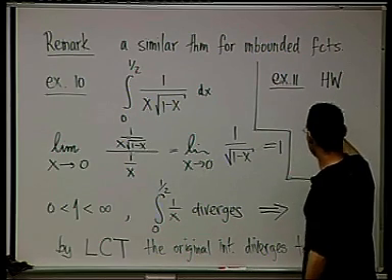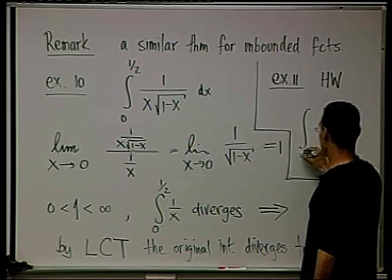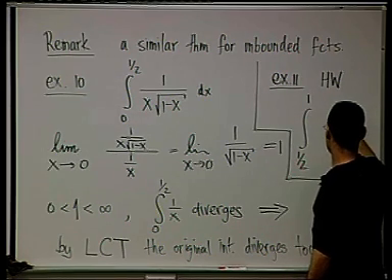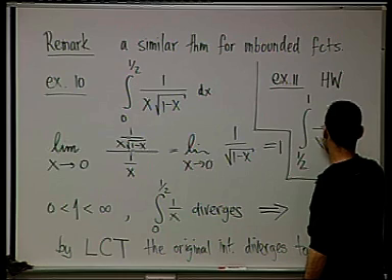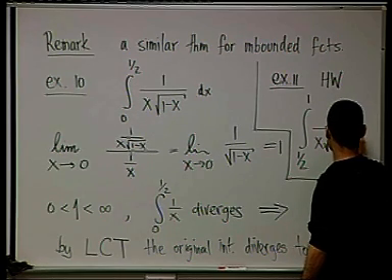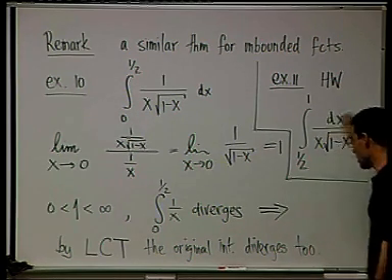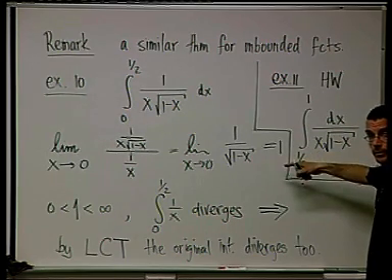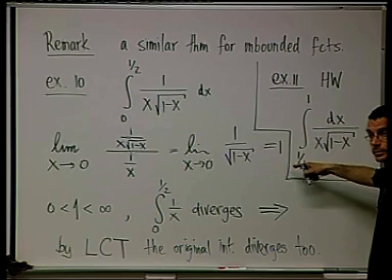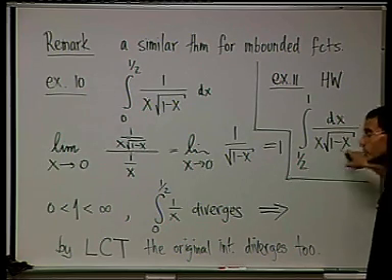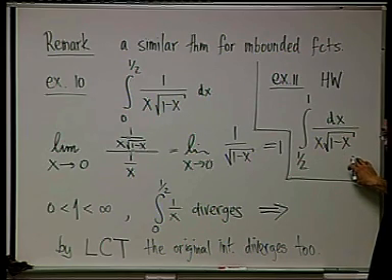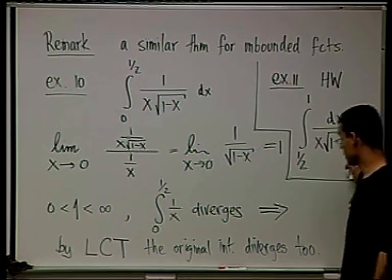So try the integral from 1/2 to 1 of the same thing, dx over x root 1 minus x. Same function, different interval. Clear? Try to do this using the comparison test, of course, the limit comparison test. Okay?